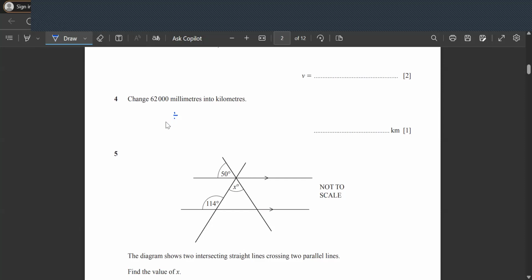From millimeter to meter, I have 3 zeros. And from meter to kilometer, I have another 2 zeros. So it will be what? 62 and 3 zeros divided by 2, 3, 4, 5, 6. It will be what? 0.062. Okay?